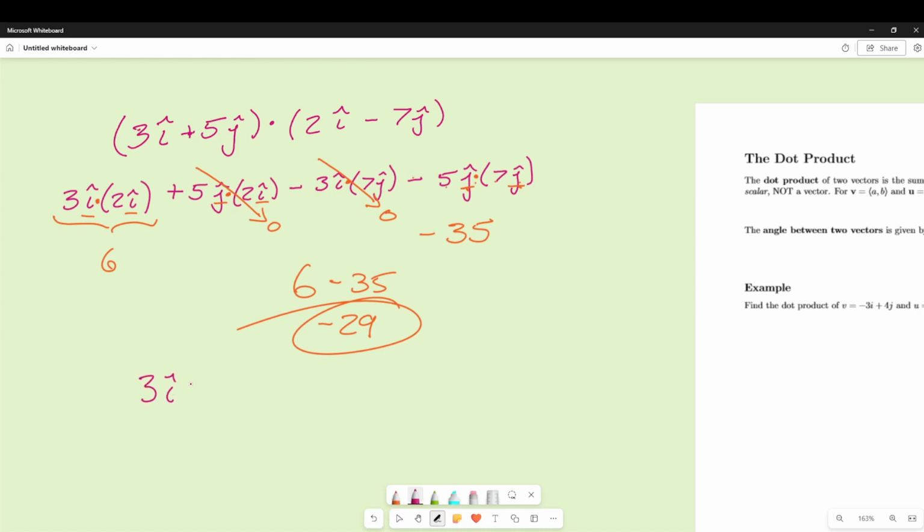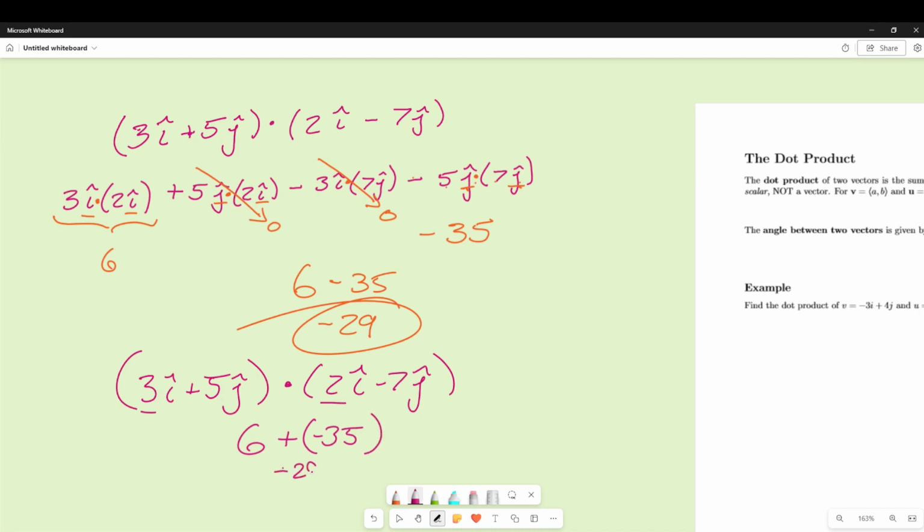If you have a dot product that you have to find, you don't bother with the full FOIL. You just take the i components, multiply them together, take the j components, multiply them together, and add those. You don't have to go through all of this extra notational work. So it's handy, but it's nice to see why, I think.